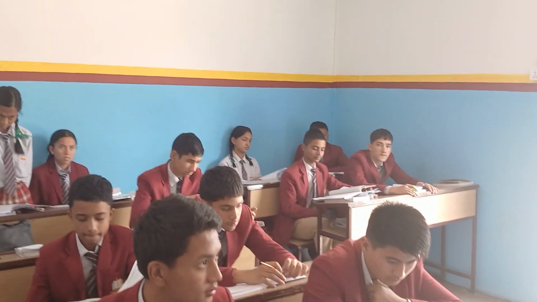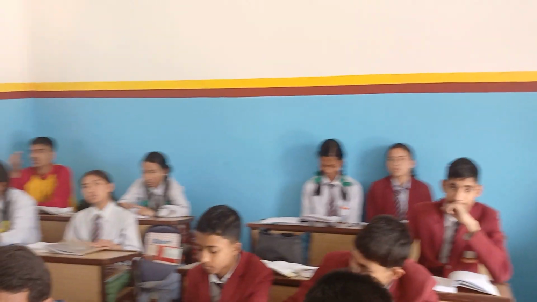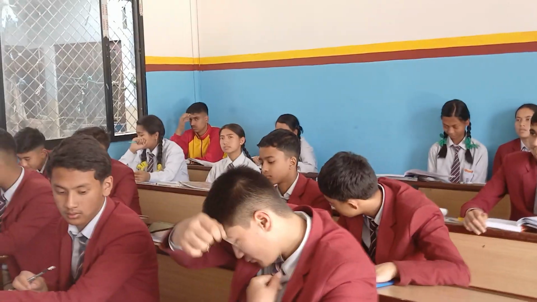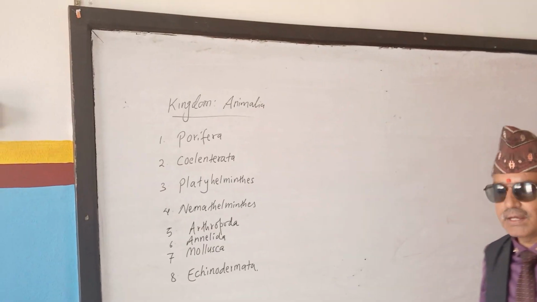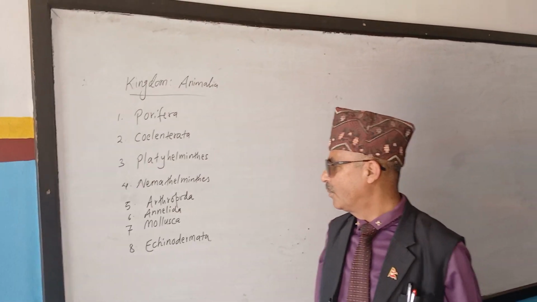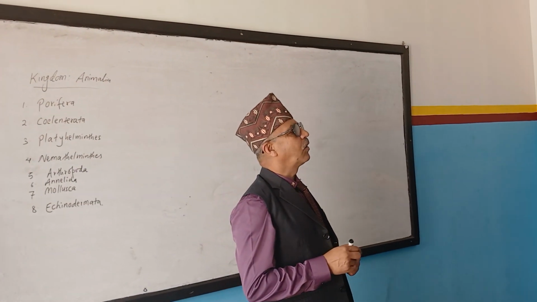Okay, please sit down. So, phylum Porifera, Coelenterata, Platyhelminthes, Nematelminthes, Arthropoda, Annelida, Mollusca, Echinodermata. These all are invertebrates. What are they?